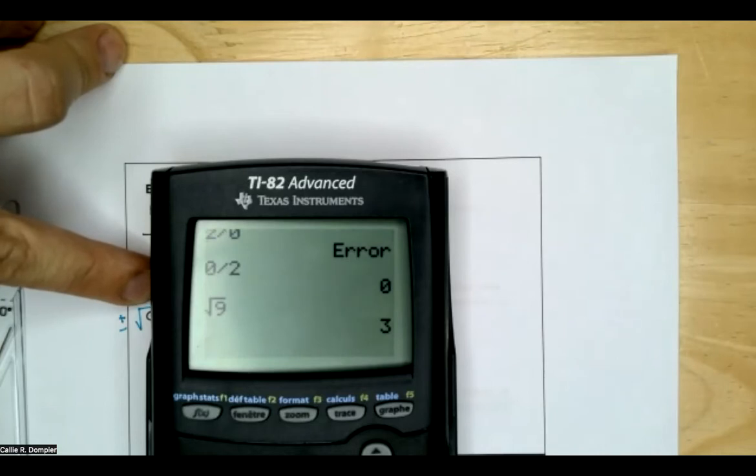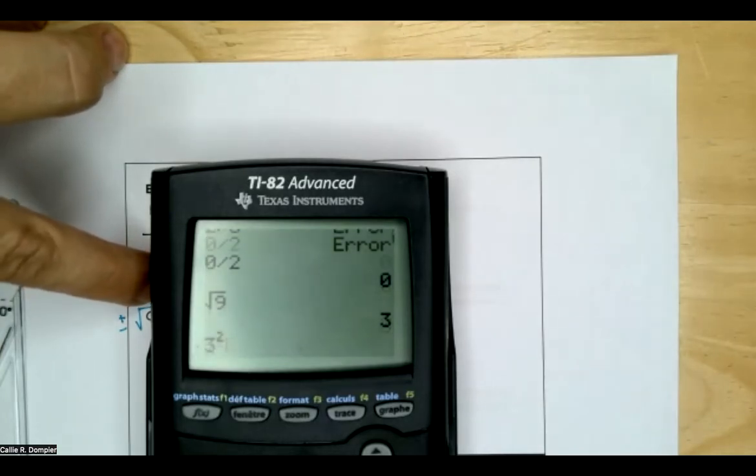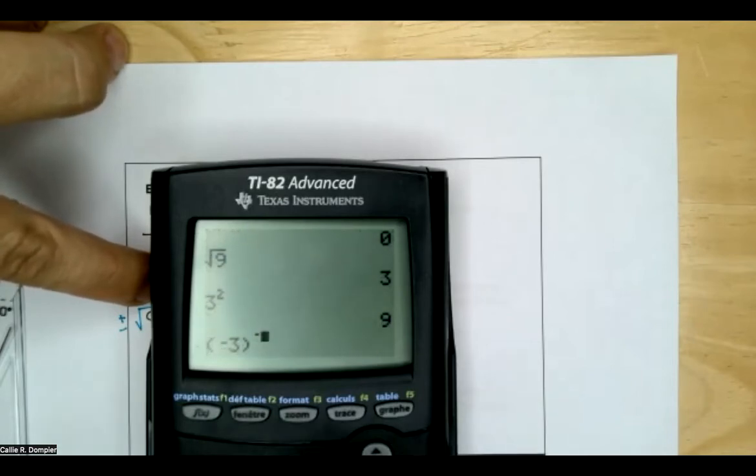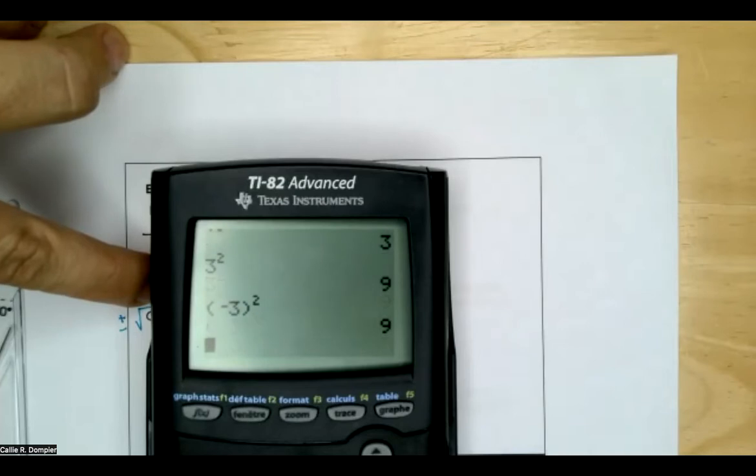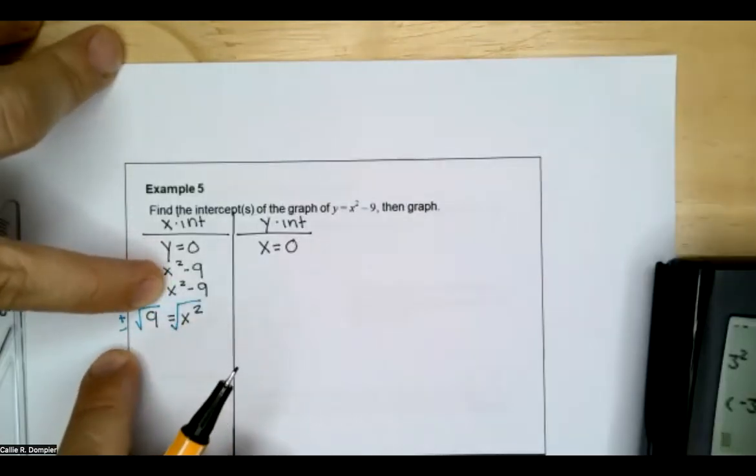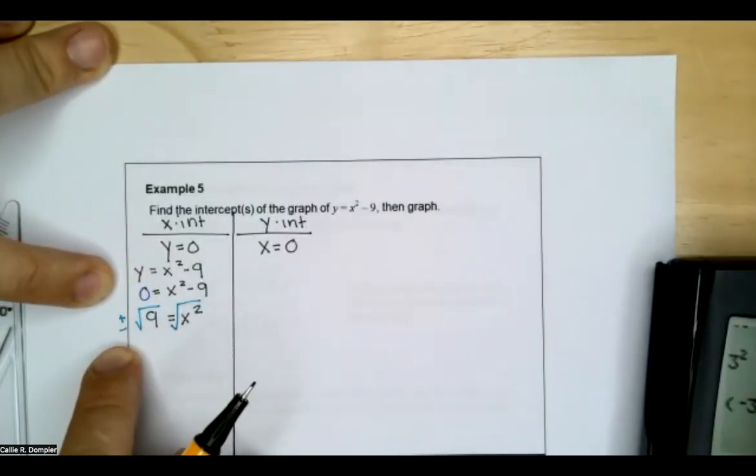Your calculator is only going to give you your most popular answer, the positive one. But that's because 3 squared is 9, but negative 3 squared is also 9. So when you take the square root, you have to take the positive answer and the negative answer.